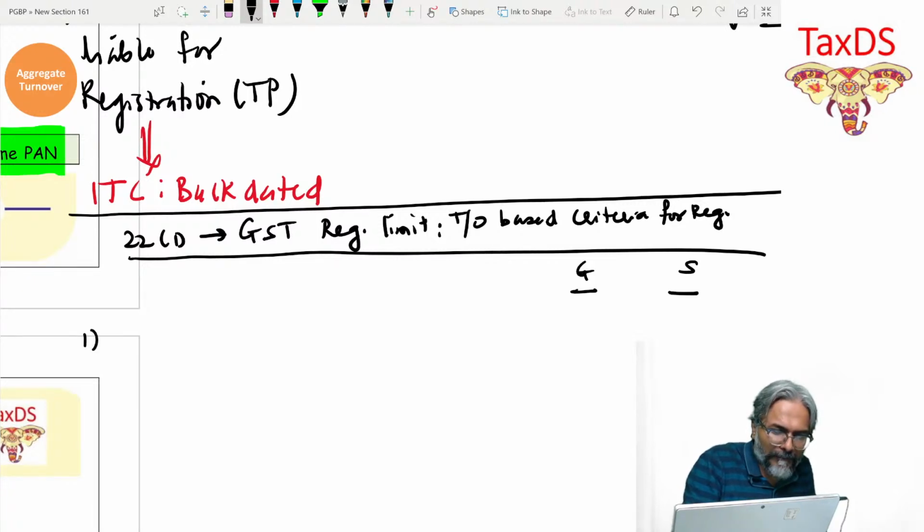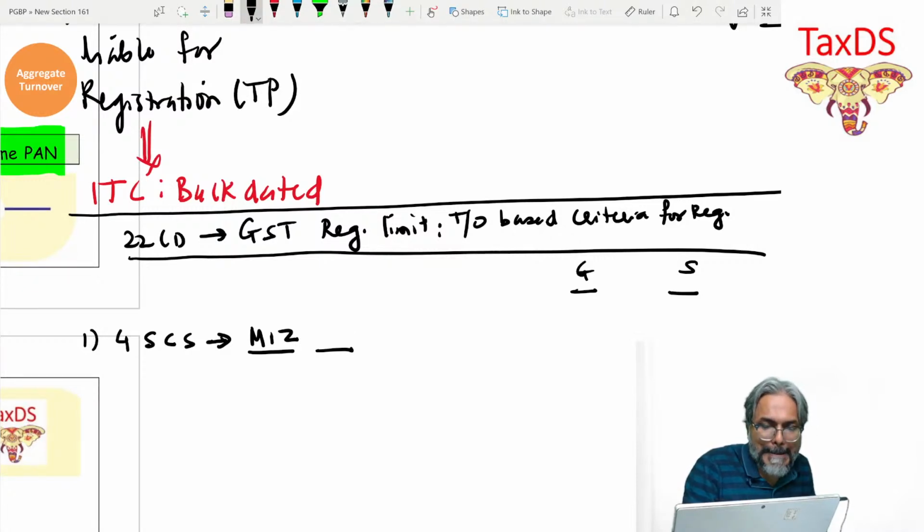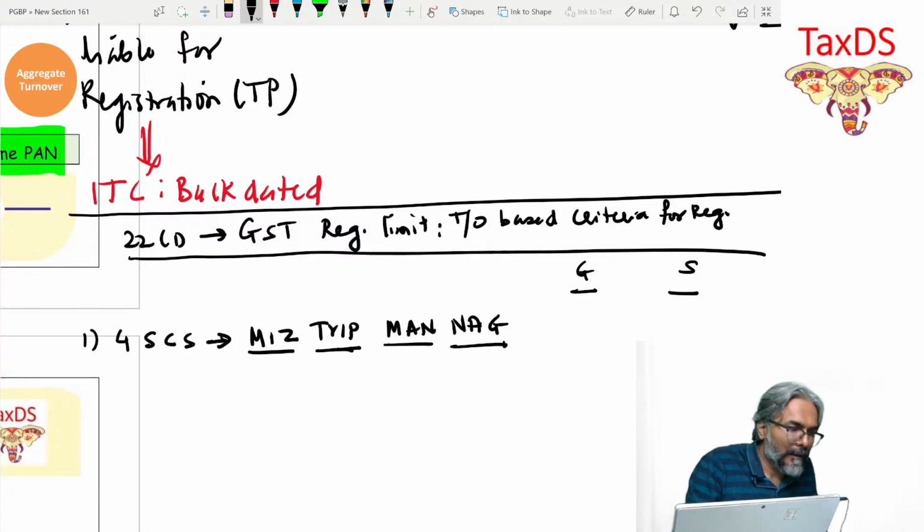Now friends, over here the first one is the four special category states. Which are those four special category states? Mizoram, Tripura, Manipur and Nagaland.